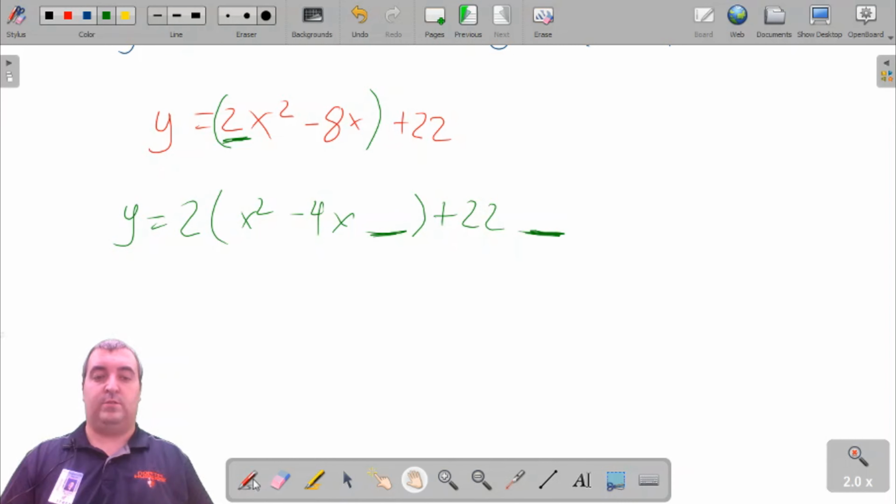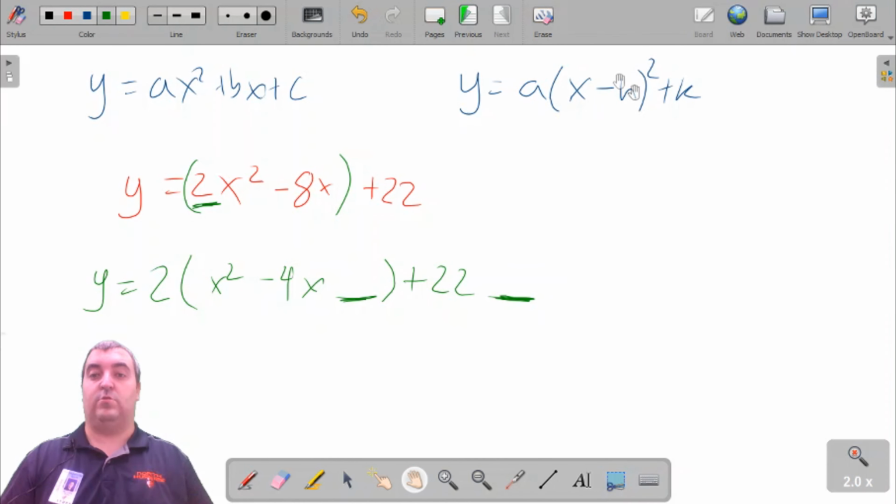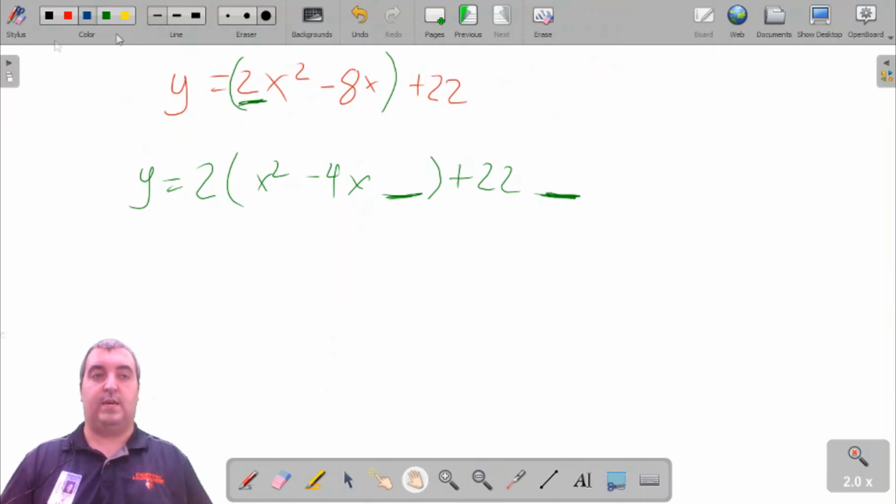So what we want to do is think, okay, what number would go here to make this a perfect square so we could factor it so it'll look like this, x minus h squared. So the nice thing is it's the same process no matter what these numbers are. So you take this middle number, this middle term, really just the coefficient, and you divide it by 2.